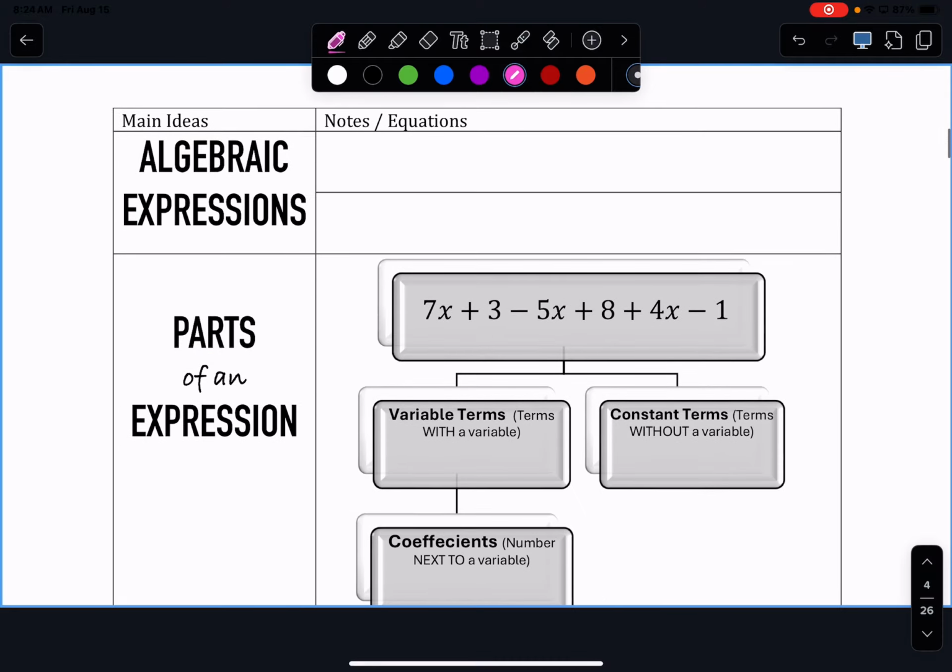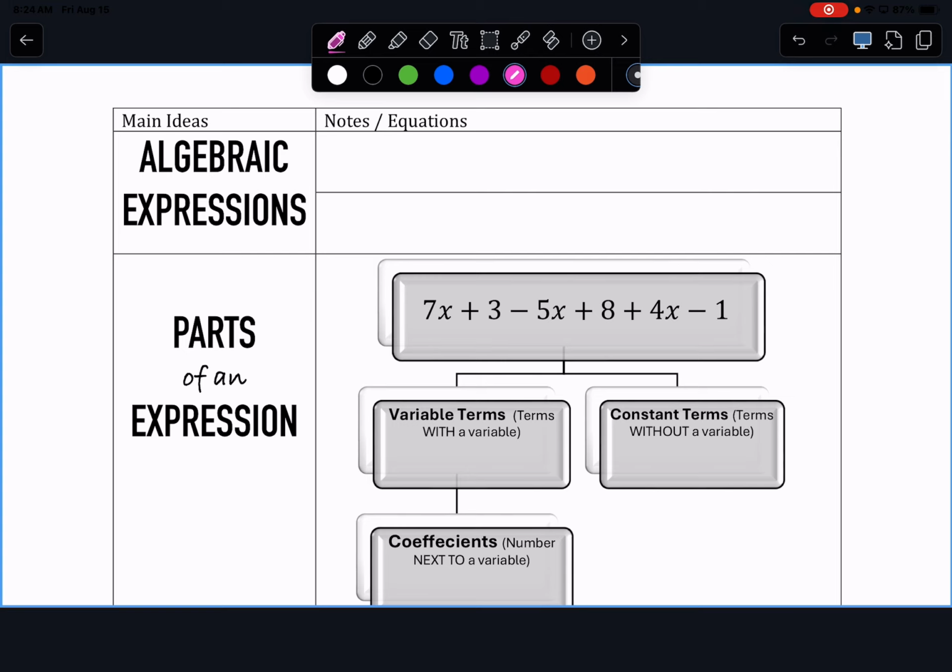All right. We're going to look at algebraic expressions real quick. So what is the difference between an expression and an equation? You remember? What's the difference? An expression has no equal sign. So we're just going to look at simplifying some expressions.